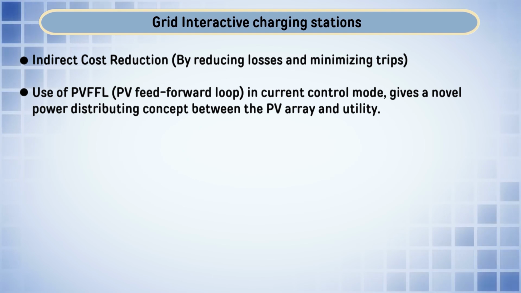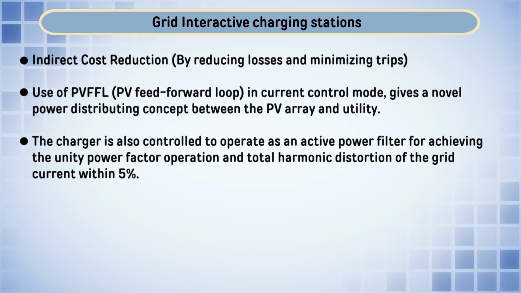This unit is also integrated with the power factor correction unit. So, here this AC to DC or DC to AC unit is acting as an active power filter, so that the power factor correction and total harmonic distortion of the grid current can be limited within 5%, and there is one standard for limitation of harmonics, known as IEEE 519.